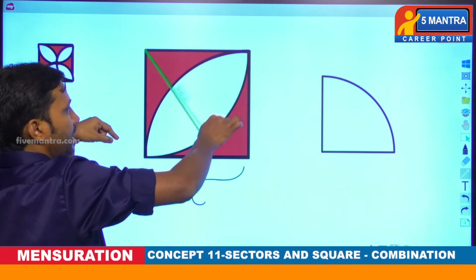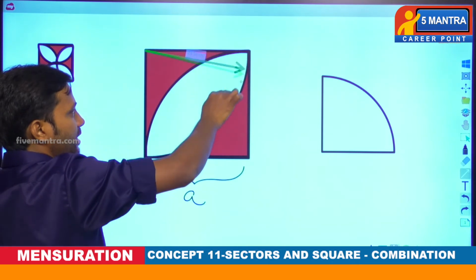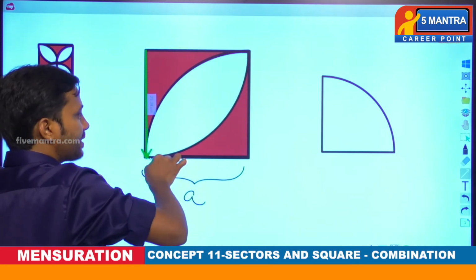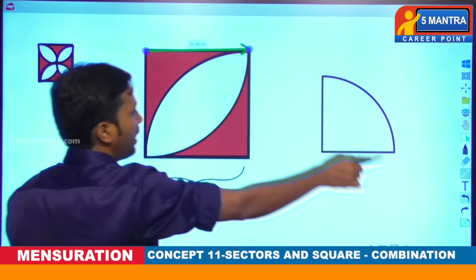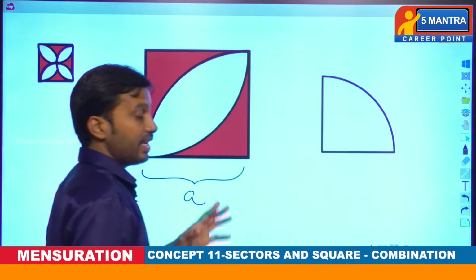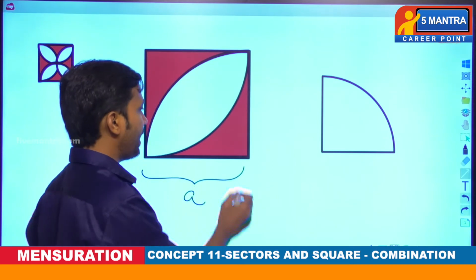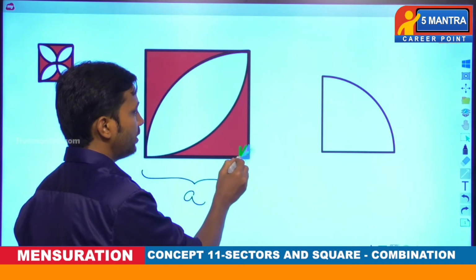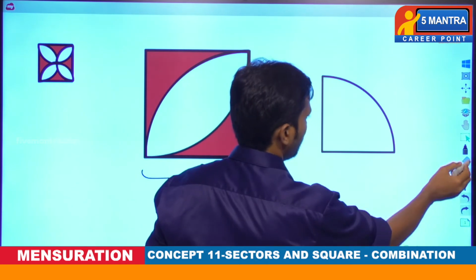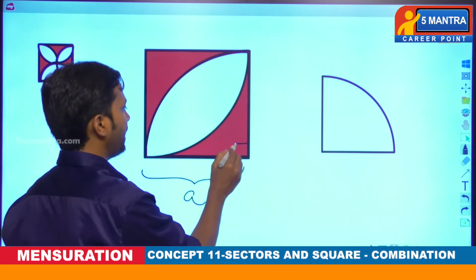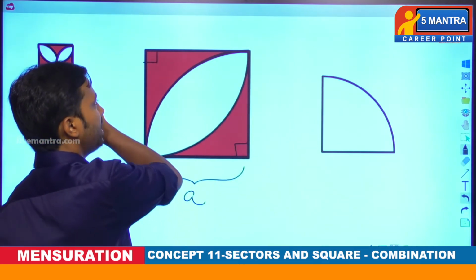That means the radius of each sector and the side of the square are the same. And what is the angle of each sector now? This would be 90 degrees, and this would be 90 degrees.